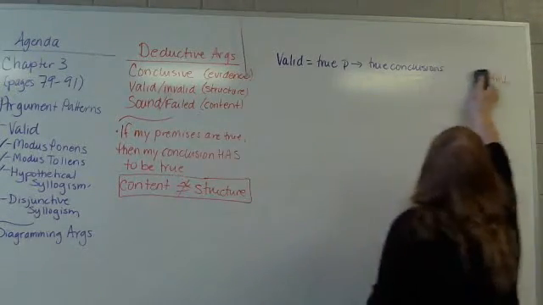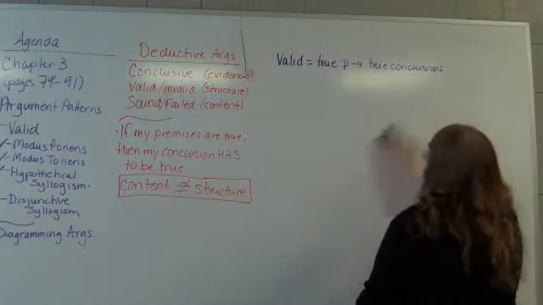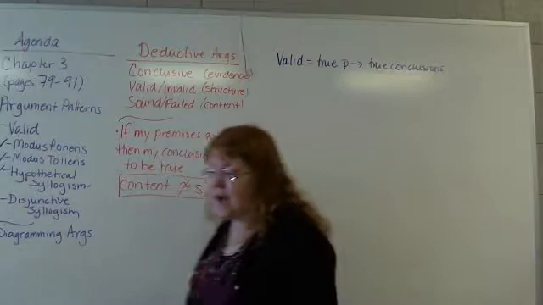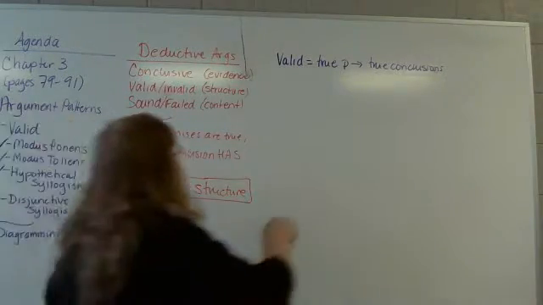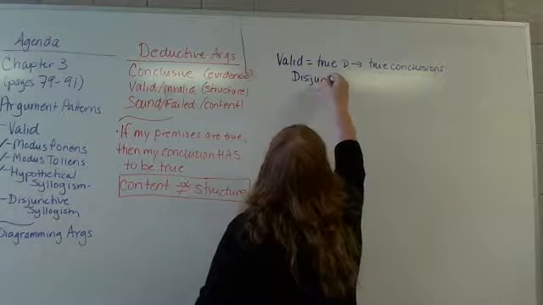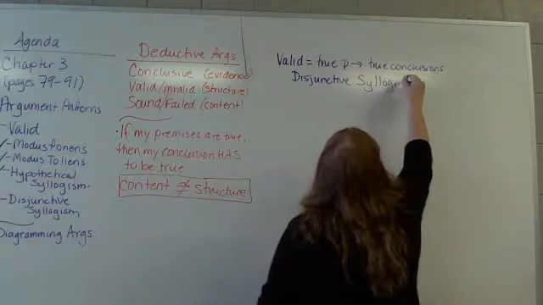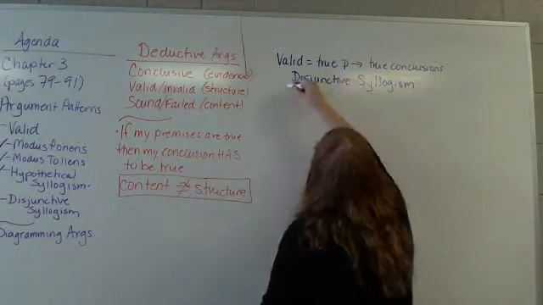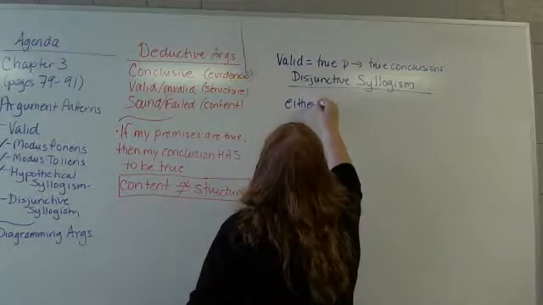A little bit different. It's not a conditional. It's the only one in this chapter that starts out as not a conditional. It doesn't start out if then. It starts out either or. So this is a disjunctive syllogism.